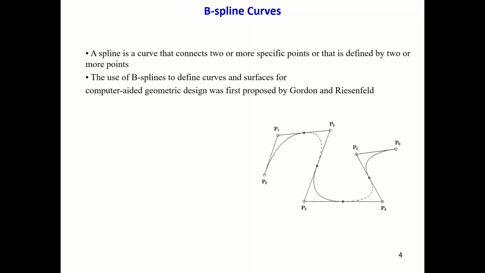The use of B-splines to define curves and surfaces for computer-aided geometric design was first proposed by Gordon and Riesenfeld. Here we have an example diagram of how a B-spline curve looks.